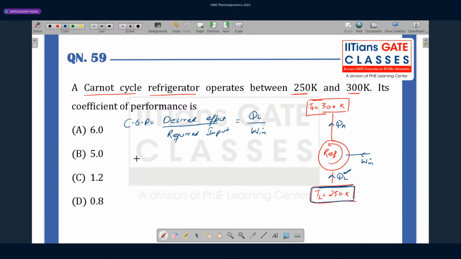Now again you will do an energy balance across the refrigerator. Energy in is equal to energy out.